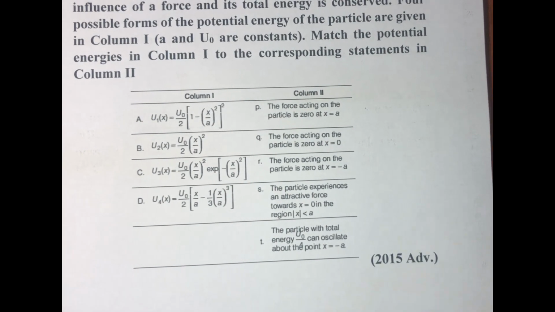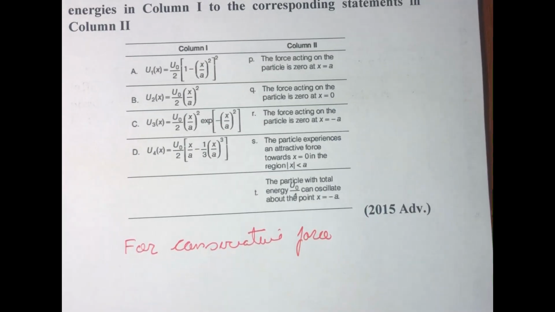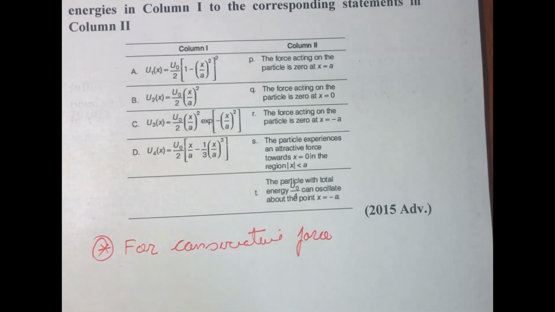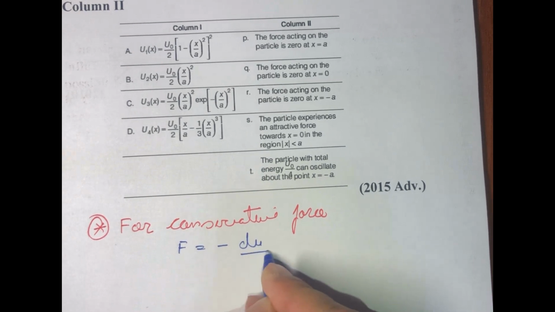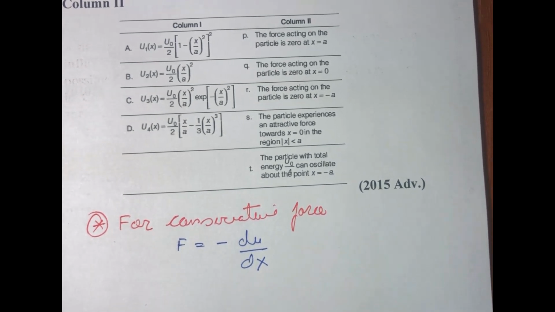So from here we can draw one conclusion: for a conservative force, F is equal to minus dU by dx, where U is the representation of the energy and x is the displacement.